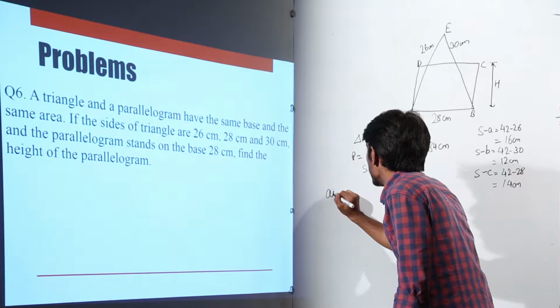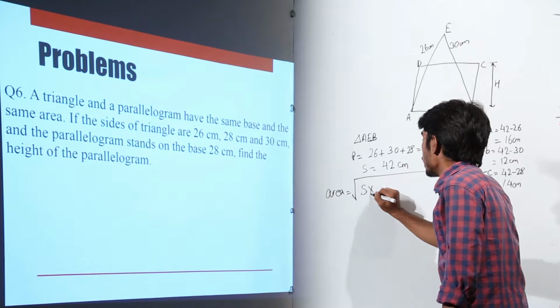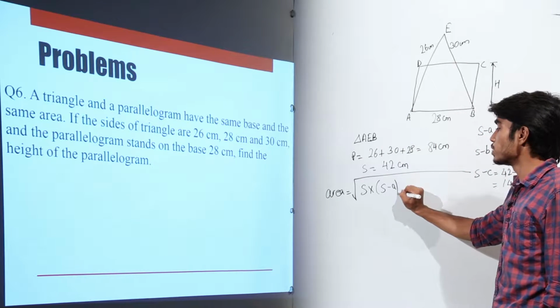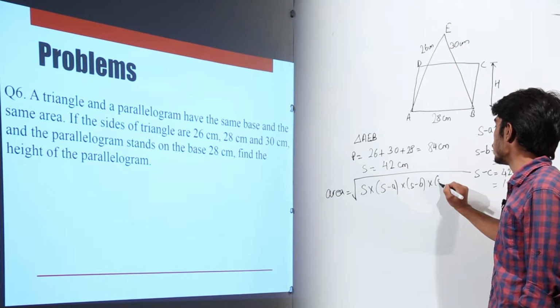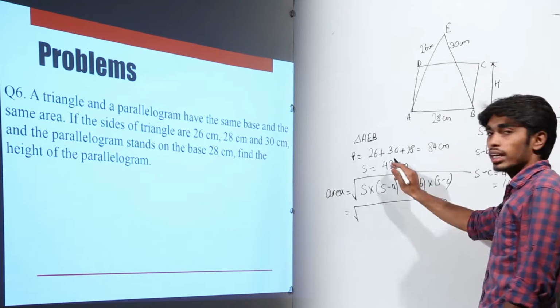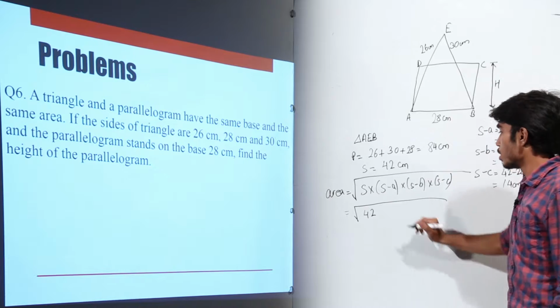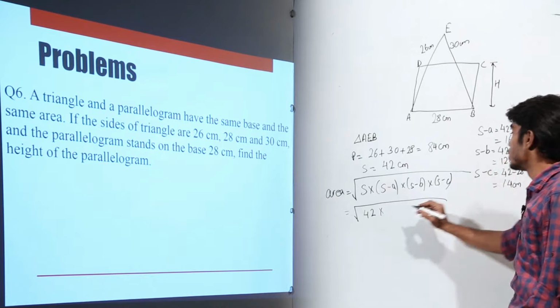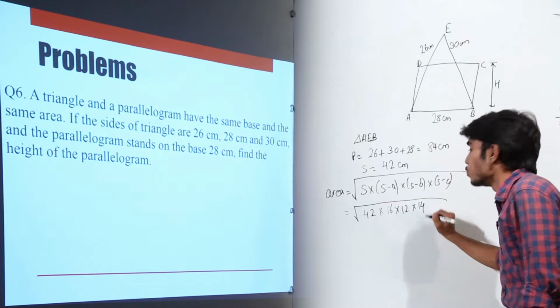Now let's calculate the area of the triangle. By Heron's formula, the area of the triangle is the square root of S into S minus A into S minus B into S minus C. Substituting the values, S is 42 centimeter, S minus A is 16, S minus B is 12, and S minus C is 14.